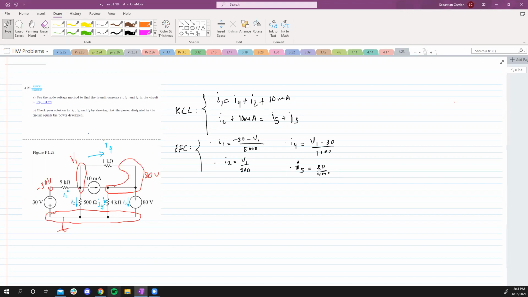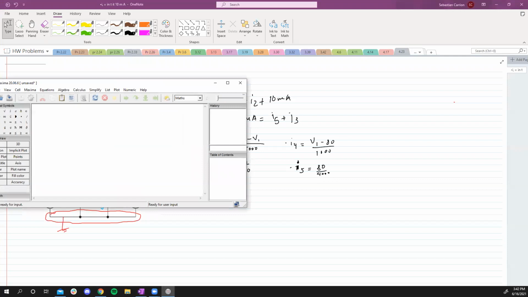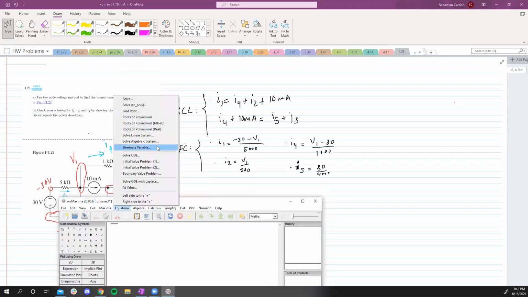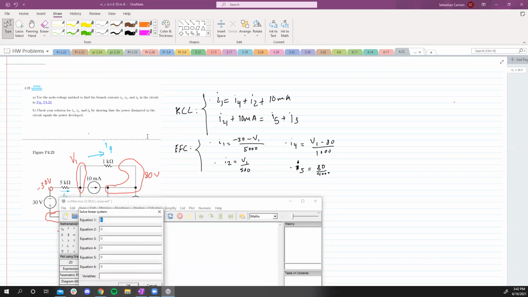So I'm going to plug this into Maxima. And 6, we have I1 equals I4 plus I2 plus 10,000.